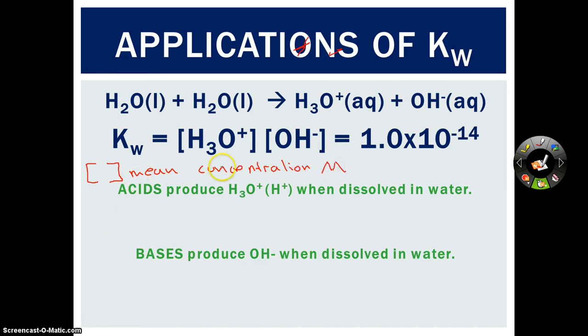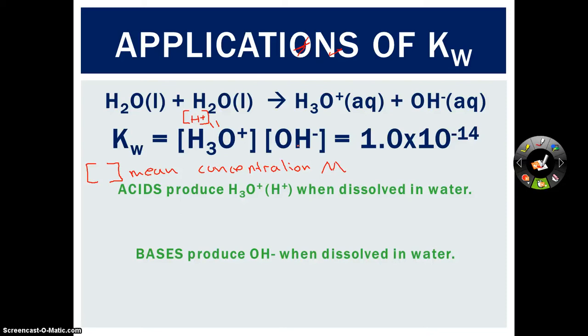So the concentration of hydronium ion, which remember is the same as the hydrogen ion, we use these interchangeably, times the concentration of the hydroxide ion always equals 1 times 10 to the negative 14. That means that if you know one concentration, you can easily find the other by applying this equation.